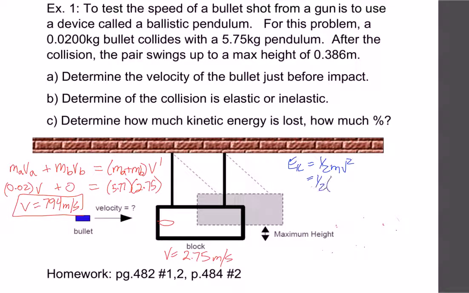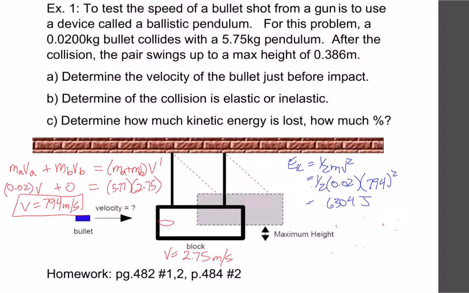So we'd go 1/2 times the mass of the bullet was 0.02, and our velocity was 794. So we calculate the kinetic energy of the bullet, it's 6304 joules.